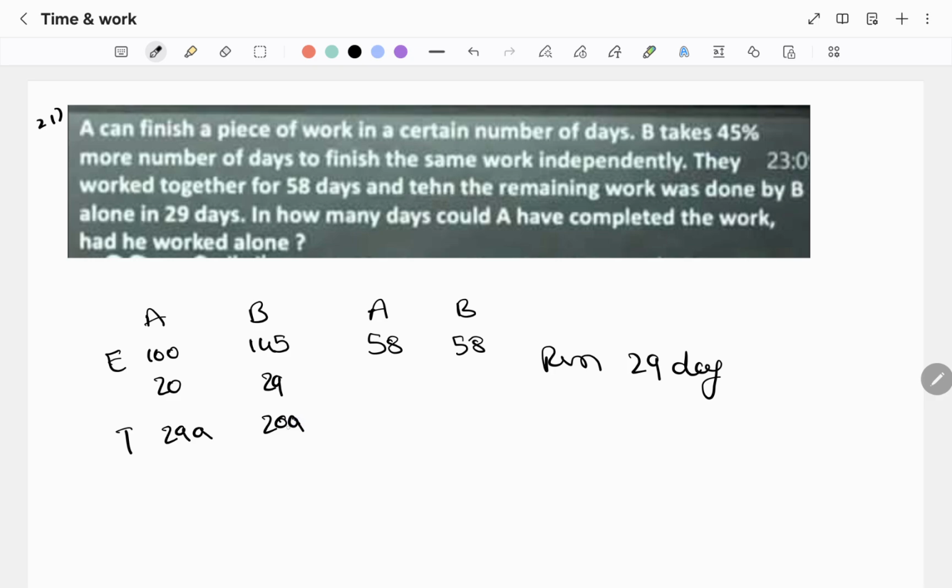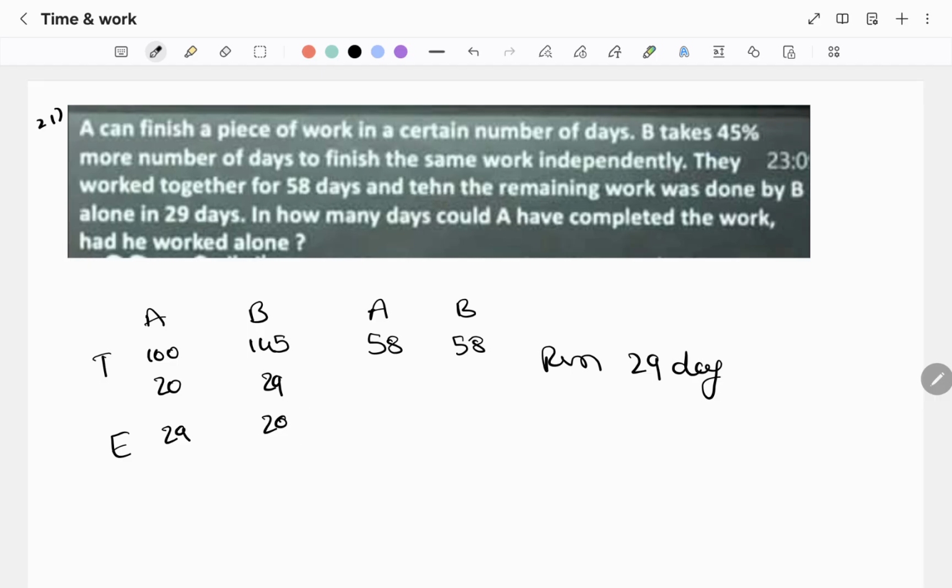Correct? But see, A worked for 58 days, and its efficiency is 20. See a small mistake that we have made: we took efficiency and time interchanged. So this is time and this is efficiency.